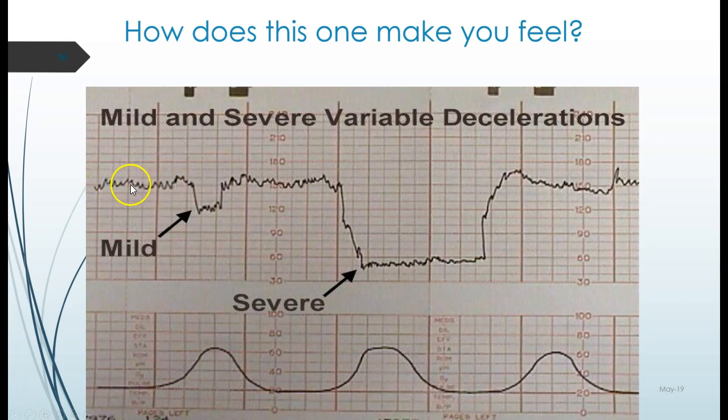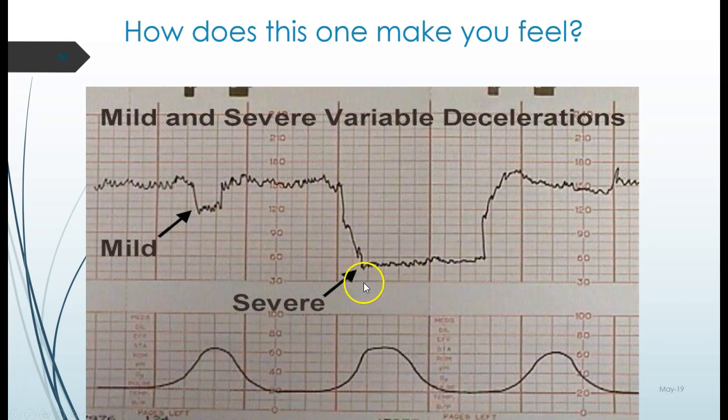This is something that's happening on the baseline. This is a variable. Variability, it's a baseline characteristic. Variability, variable. Variable is an episode as opposed to an ongoing thing. I'm hoping this is making sense. The hard part about online education is you can't tell how your audience is understanding what you're saying.